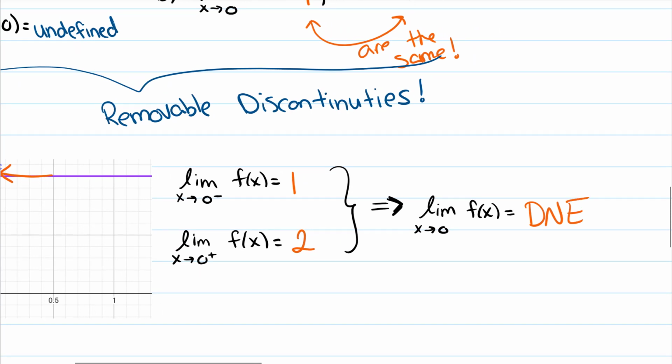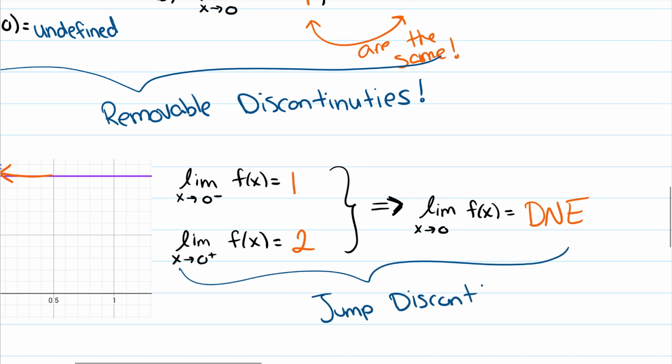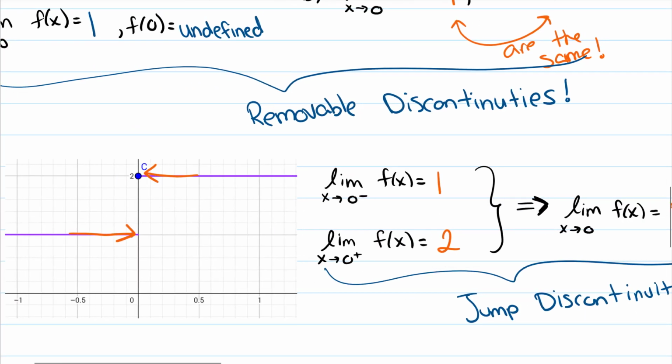And again, this is because the limit from the right is not equal to the limit from the left. We call this discontinuity a jump discontinuity. That's because to get from one point on the graph to the next, you have to jump or lift your pen and move to a completely different y value. We have two more types of discontinuities to look at.